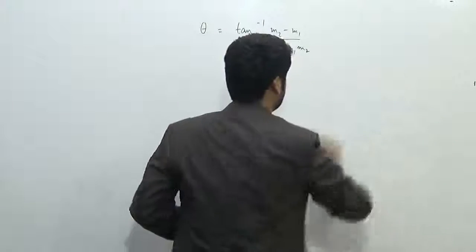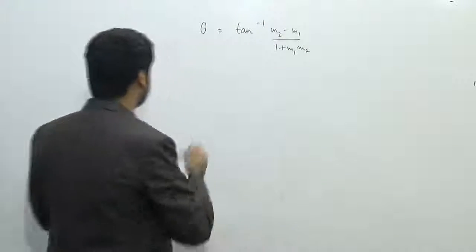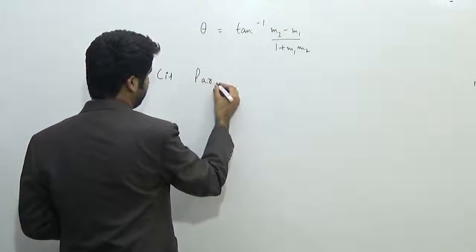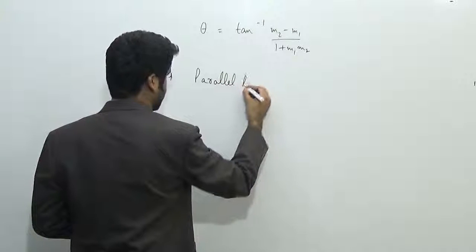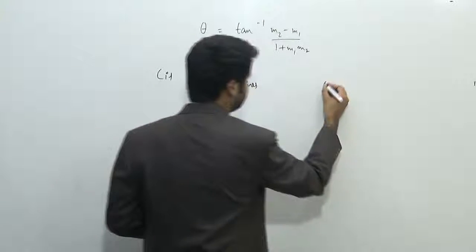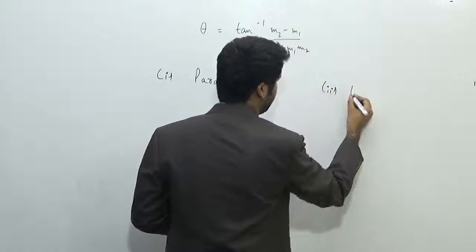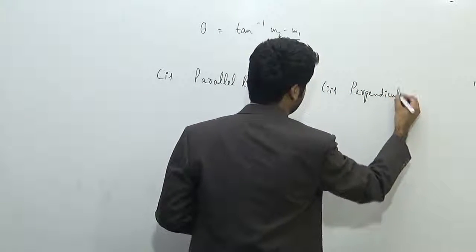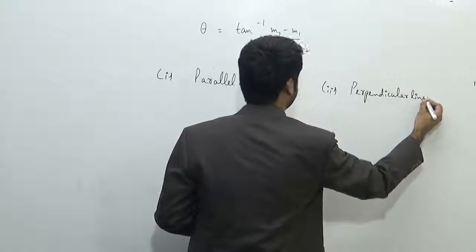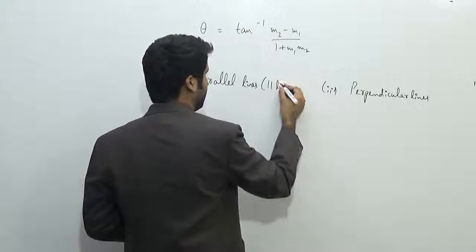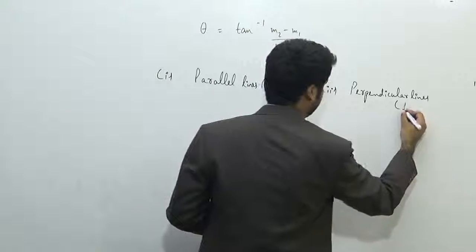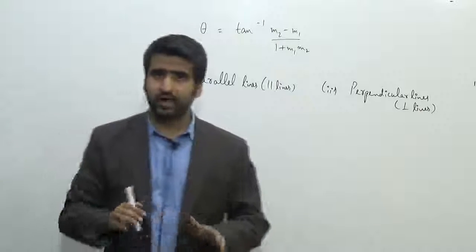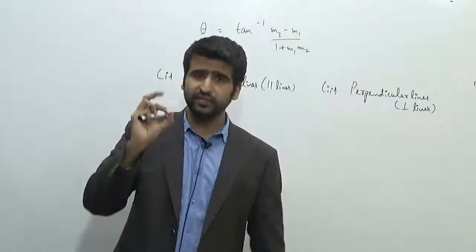We can have two special cases. The first one is the case of parallel lines, and the second case is the case of perpendicular lines. If two lines are parallel, the angle between the two lines will be equal to 0 degrees.